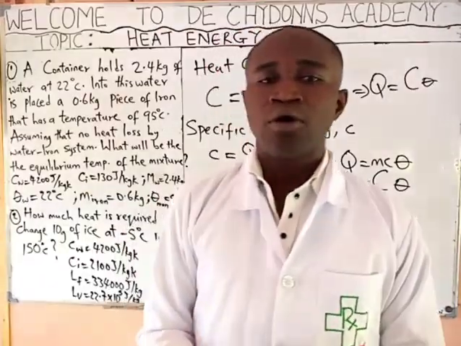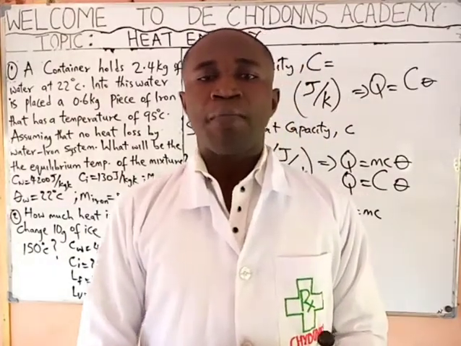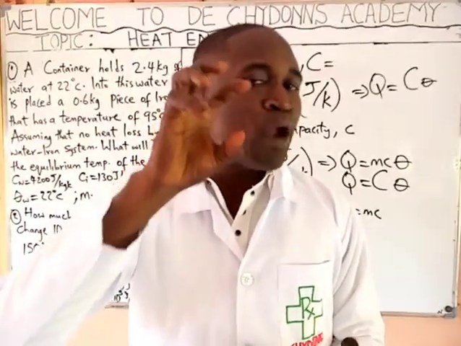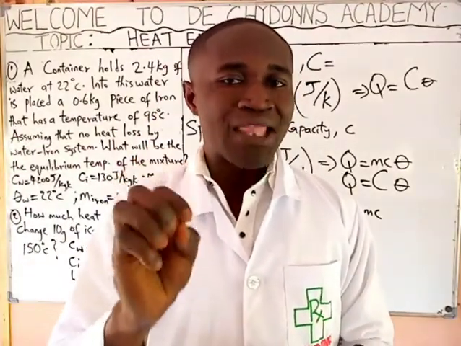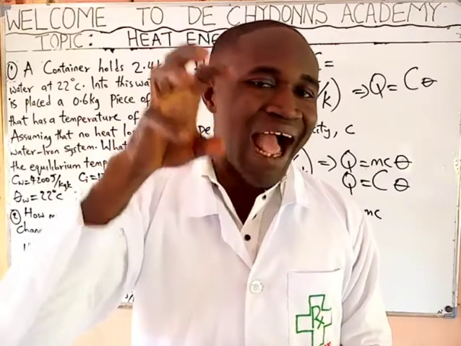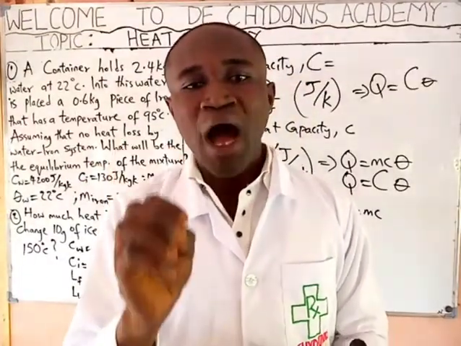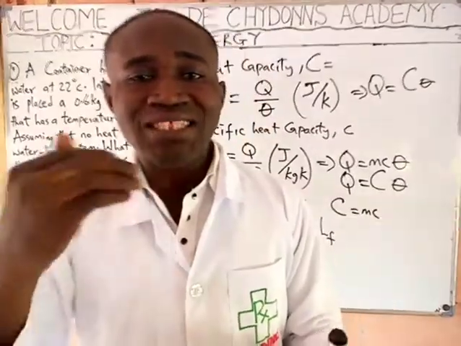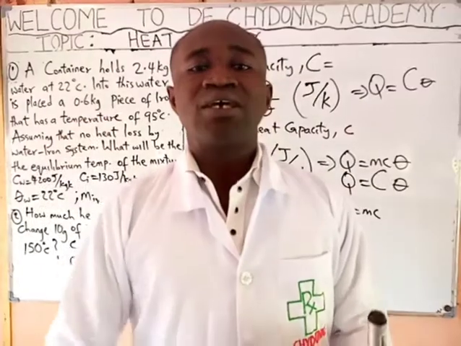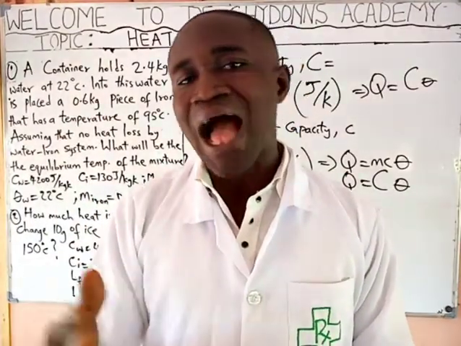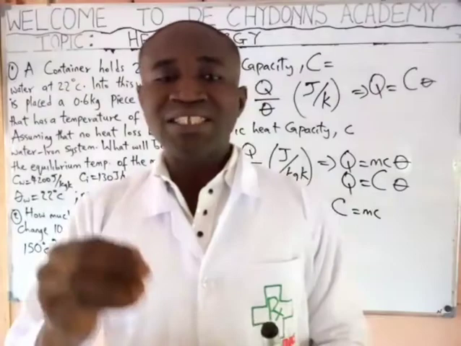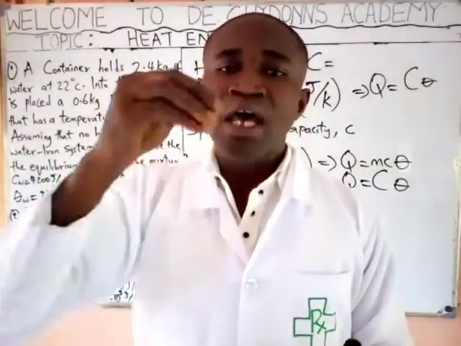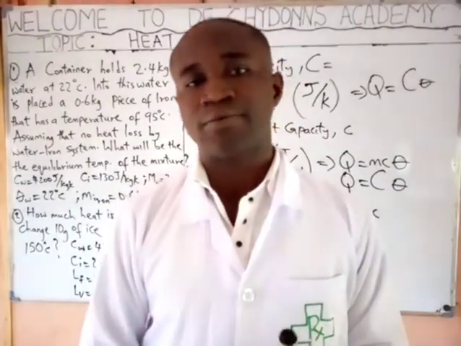Remember that pure water in ice form, that is ice block form, melts at 0 degrees Celsius. So it is at 0 degrees Celsius that the latent heat of fusion starts converting a solid ice block to liquid.